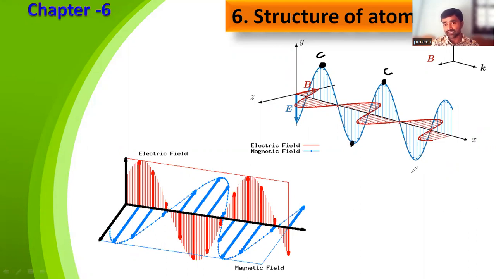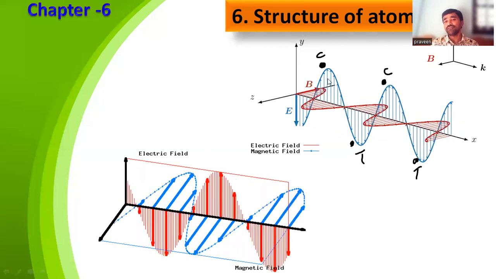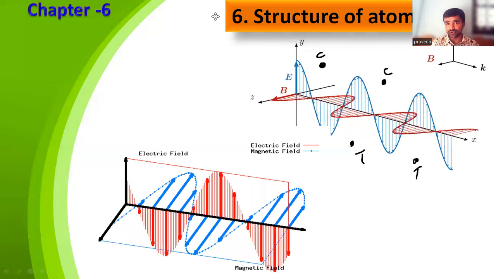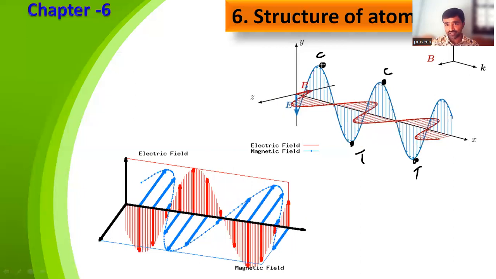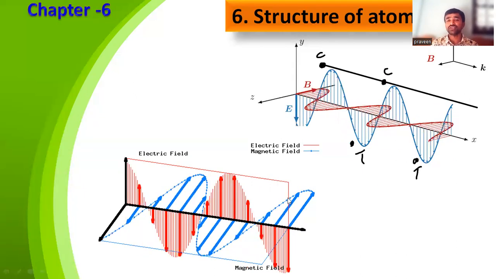Capital T. So simply the distance between these particles, every time you will get that everywhere. If you join them using a horizontal line, the particles cannot go beyond this line drawn parallel to the propagating direction.